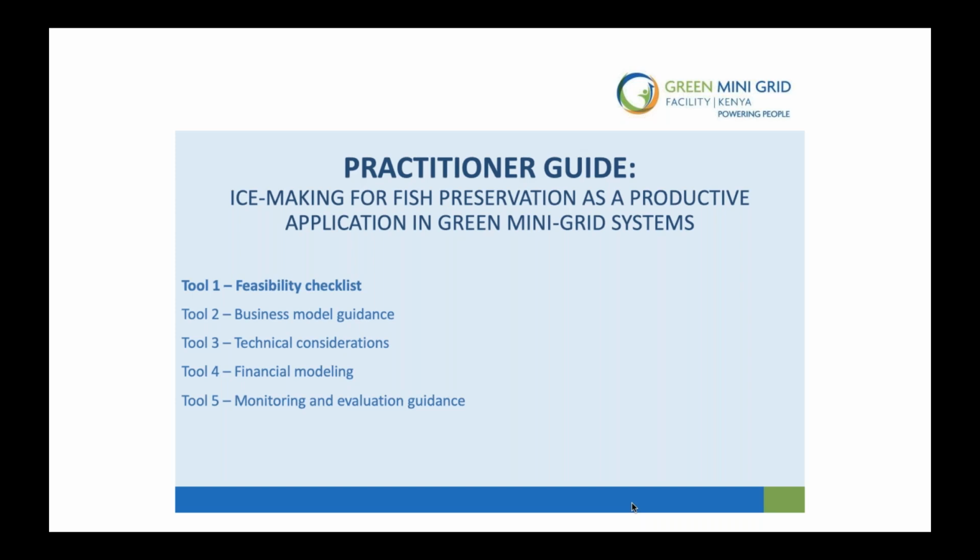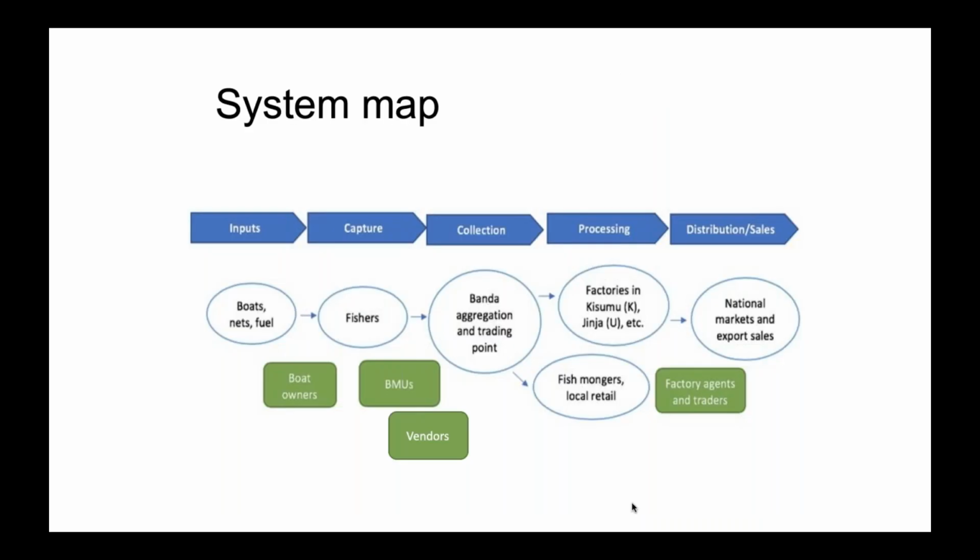So the checklist highlights minimum conditions that have to be met in order for an ice making application to succeed, key data that needs to be collected, and what unit economics really need to be in place for an ice making business to be successful. And a really important part of this checklist is doing a systems map. And if you go to the next slide, here's a simplified example of a systems map that we developed for fishing communities on islands in the Lake Victoria region.